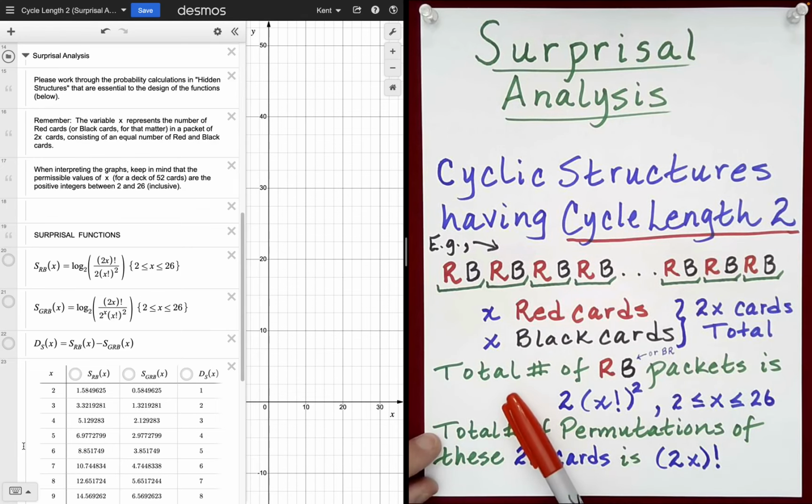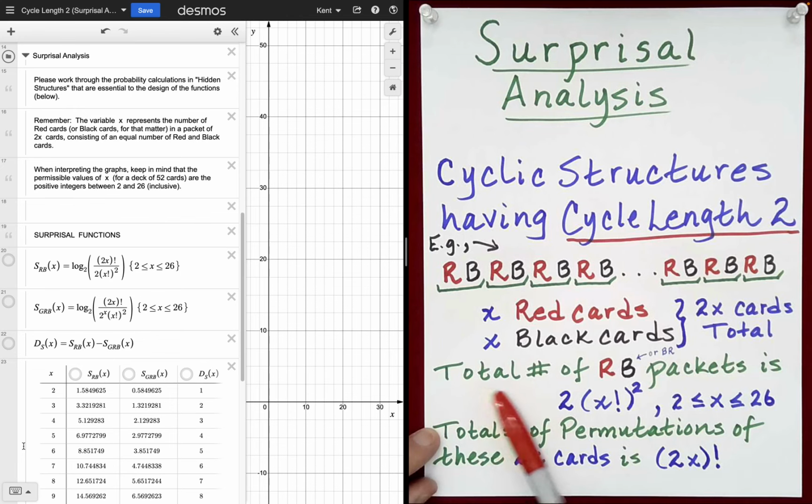The viewer, using just the fundamental counting principle from mathematics, also called the multiplication principle, can derive this expression right here. And it truly does give you the total number of alternating red-black packets, or black-red packets, where there are x red cards and x black cards. So I can leave that as an assignment for the viewer to verify. And I assure you, this is not a complicated derivation.